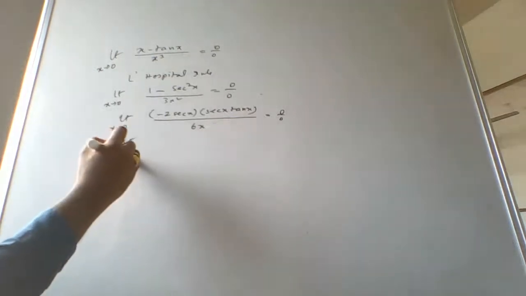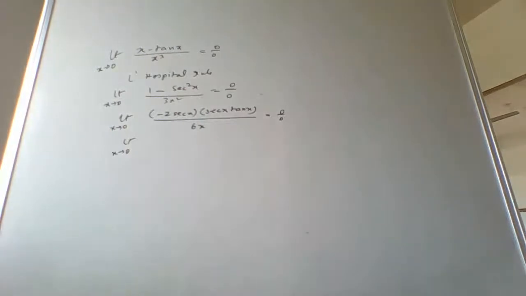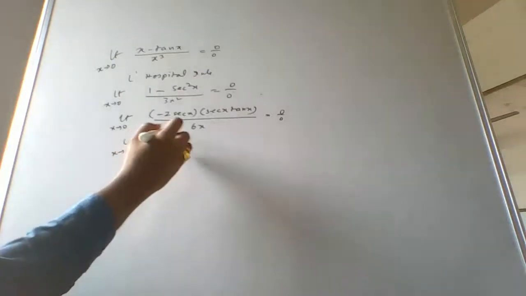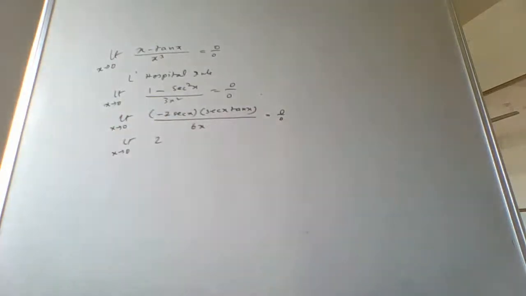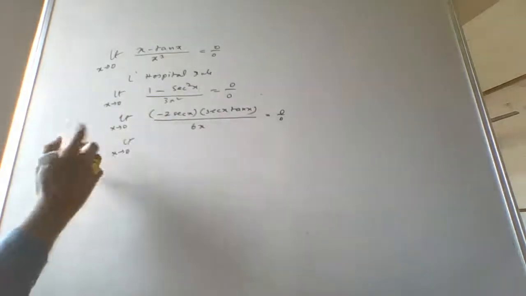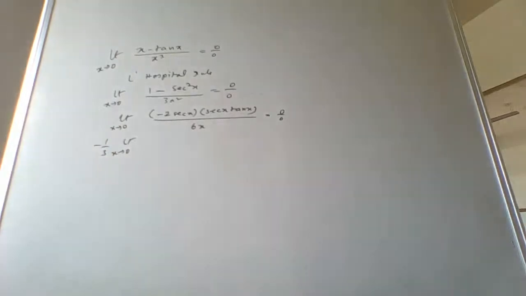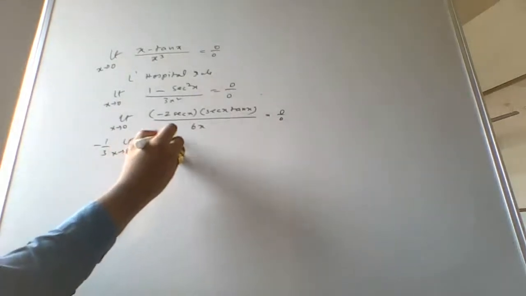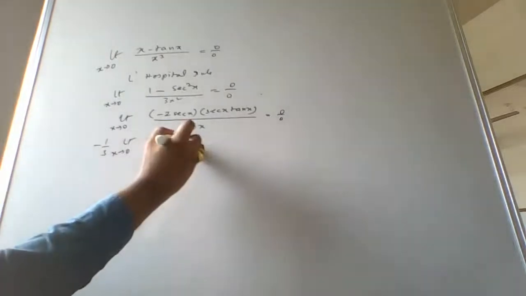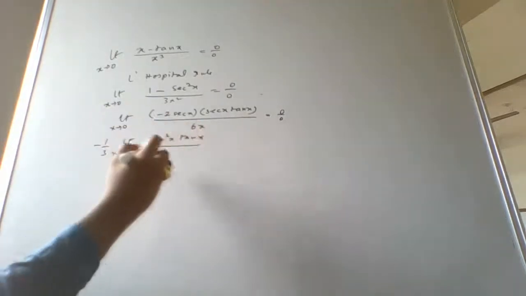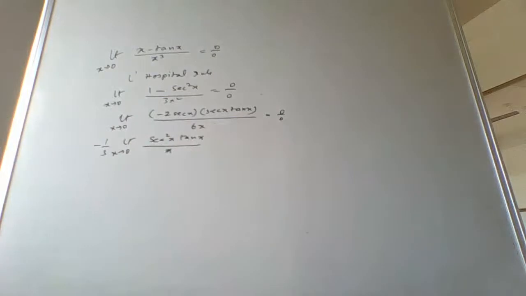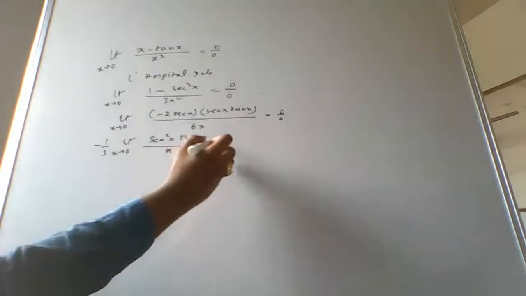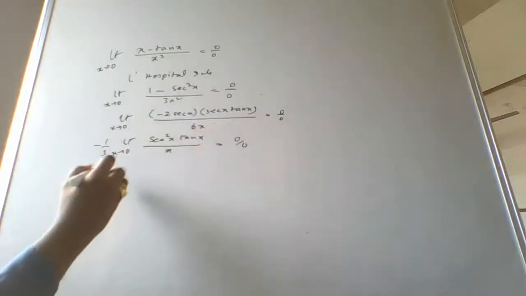So again, limit x tends to 0, this should be like 2 secant square, and when you cancel it, I get minus 1 by 3 here, secant square x tan x divided by x here. What I get is 0.